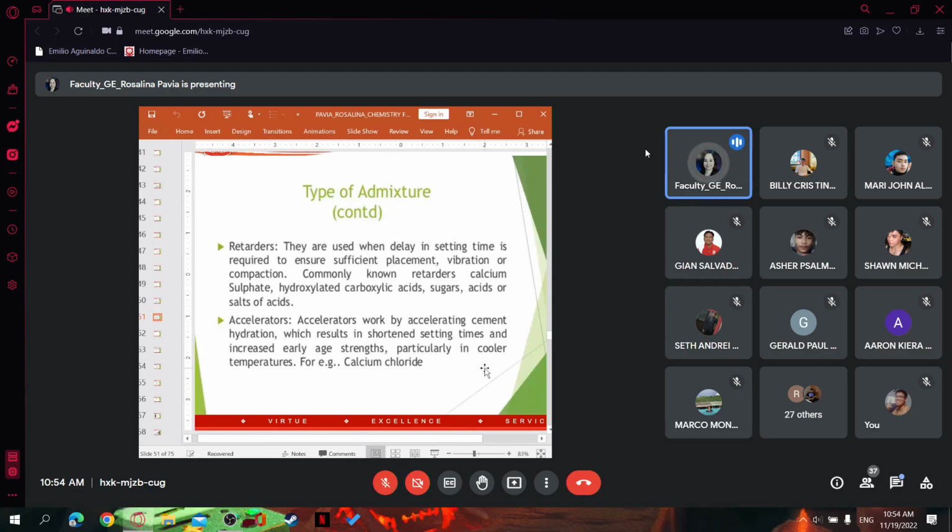You have to add accelerators para mas mabilis na mag-set or mas mabilis mag-cure yung concrete mo.